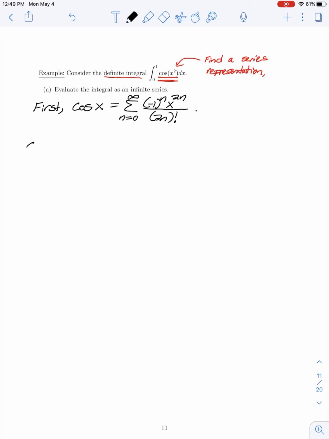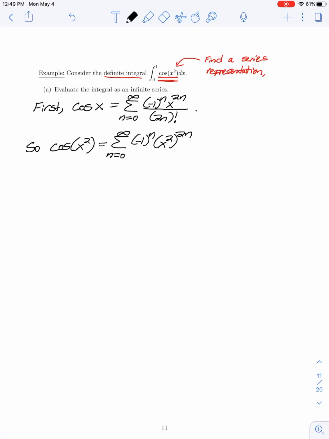So if we're looking at a Maclaurin series for cosine of x squared, we take the Maclaurin series for cosine and replace the x by x squared.